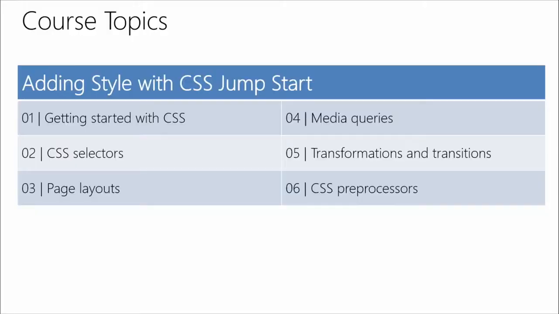In the meantime, let's go ahead and talk about what we're going to talk about. So we've got 6 modules today, and Module 1 is the ubiquitous getting started with CSS, where we want to talk about what CSS is, the basics of how to apply it, how to bring in external style sheets, and so forth. That'll lead us very naturally into Module 2, where we're going to take a look at how to identify individual elements or individual blocks of elements.